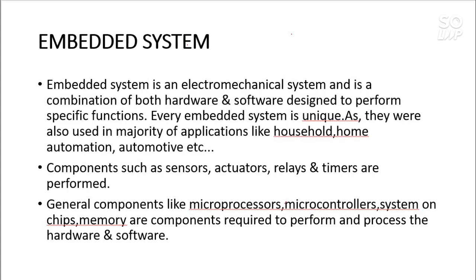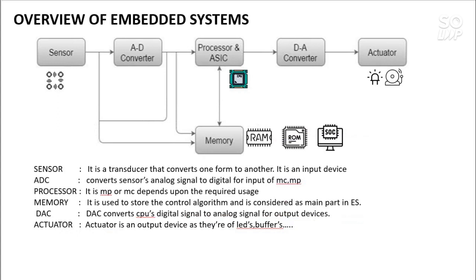There are several applications for the embedded systems, like we can use them in the household, home automation, automotives and medical, like those sort of things. General components are like microprocessors and controllers, system on chips.